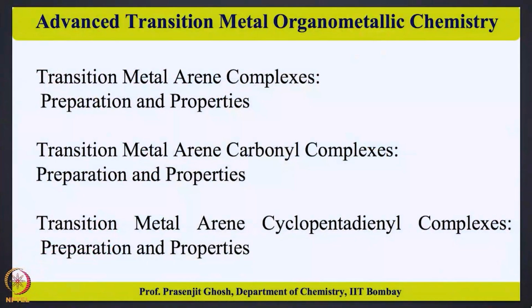Moving on, we have moved from 5-membered cyclopentadienyl systems to transition metal arene complexes. We have looked into their preparation and properties. These are neutral complexes as opposed to the cyclopentadienyl ones, which are more anionic in nature, and hence the arene metal interaction is slightly weaker than the anionic Cp metal interaction.